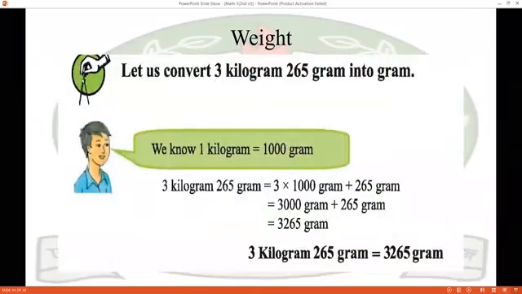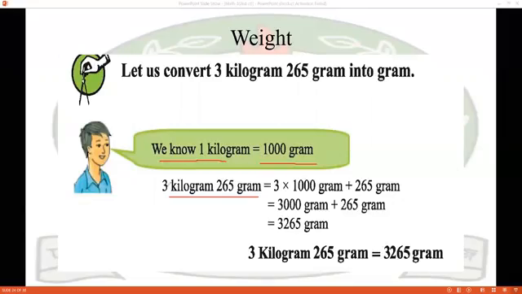Let us convert 3 kilogram 265 gram into gram. Obviously we know the relationship between the kilogram and gram. We know 1 kilogram is equal to 1000 gram. So there is 3 kilogram 265 gram. At first we have to convert 3 kilogram into gram. So 3 kilogram is equal to 3000 gram.